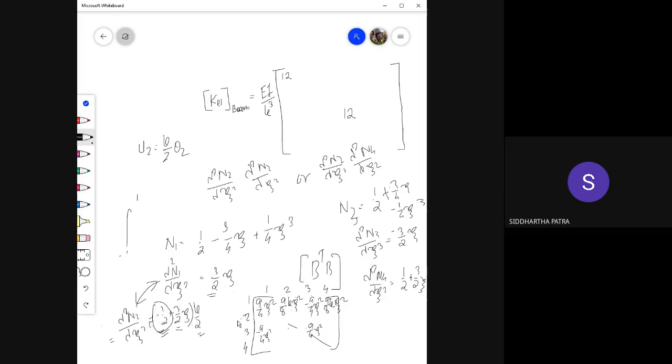For example, the 3 4 term should be minus 9 by 8 LE xi squared. So in this way, I can figure out all the terms.